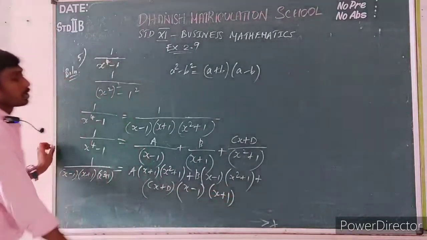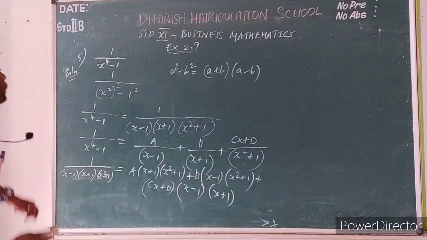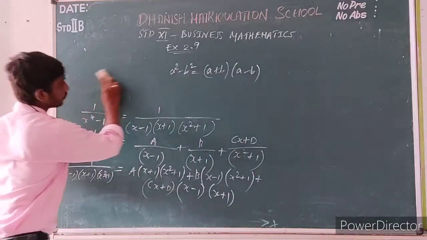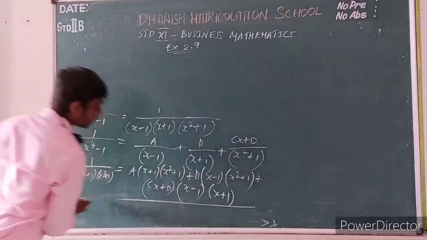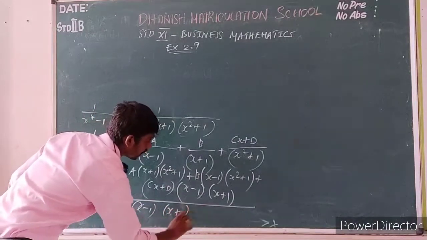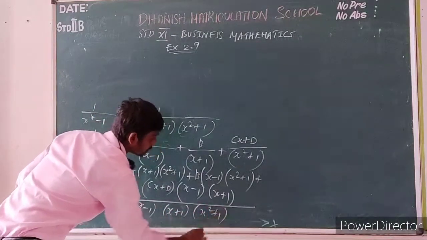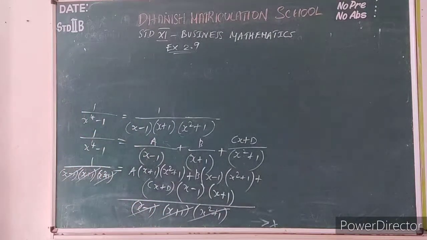This will be the LCM of this equation. The denominator will be x minus 1, x plus 1, x square plus 1. Now cancelling the denominator from both the RHS and LHS sides, what are the remaining values?